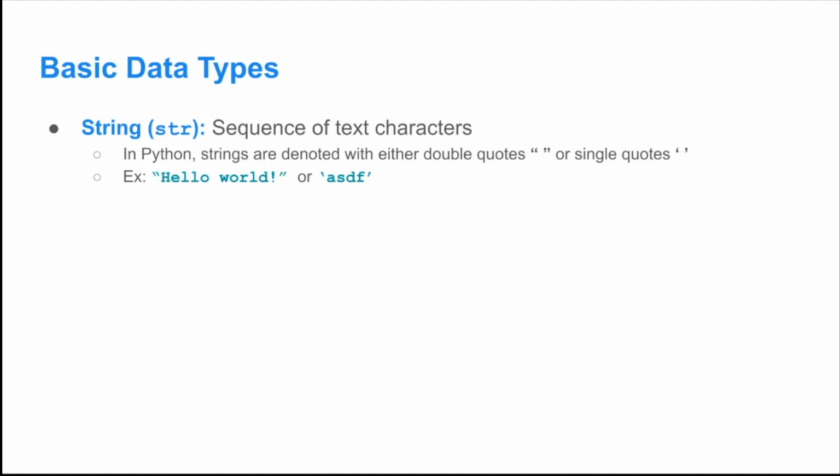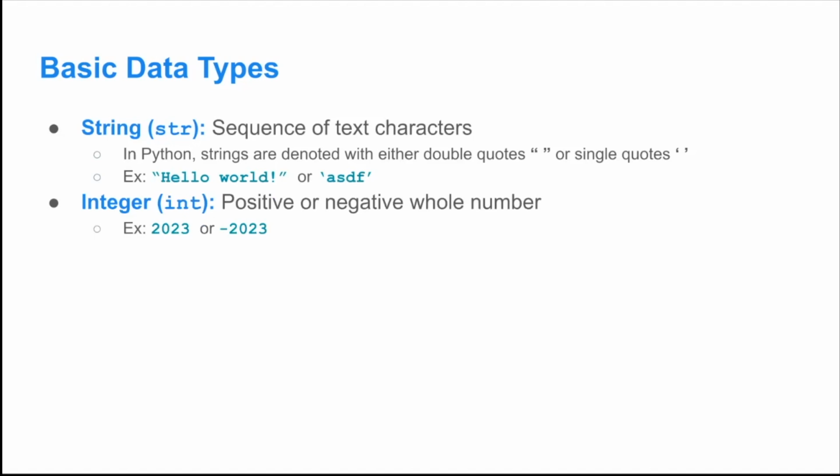Usually it's str. And this is just a sequence of text characters. So in Python, strings are denoted with either double quotes or single quotes. Don't mix the quotes. If you start with double quotes, end with double quotes, same with single quotes. So for example, both of these strings are valid in Python: double quote hello world, or single quote ASDF.